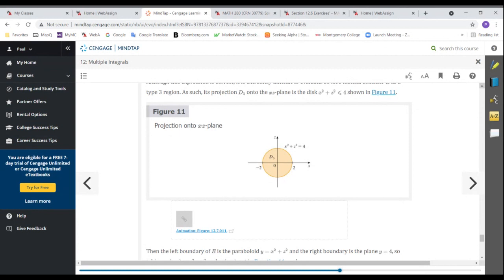You have to change the definition, because you're used to x equals r cosine theta and y equals r sine theta. But you're not in the xy plane, you're in the xz plane. So x is going to be r cosine theta, and z is going to be r sine theta. You just have to think simply about it.